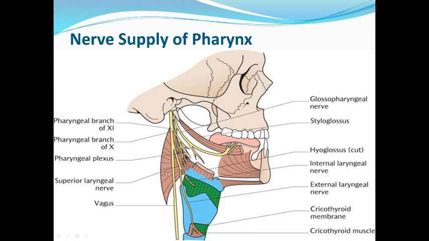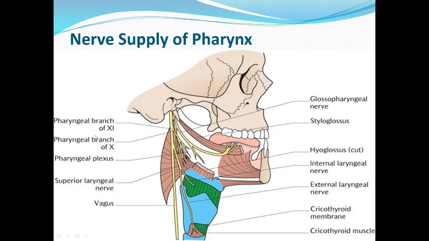The first is the pharyngeal branch of the vagus, the 10th cranial nerve. Then we have the pharyngeal branch of the accessory nerve, which is carried through the vagus. And the third is the glossopharyngeal nerve, the ninth.